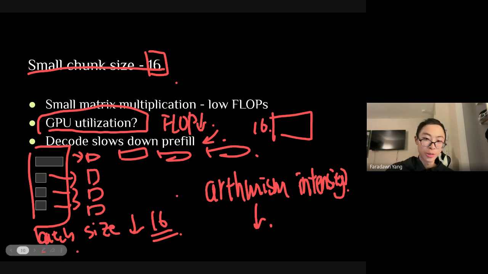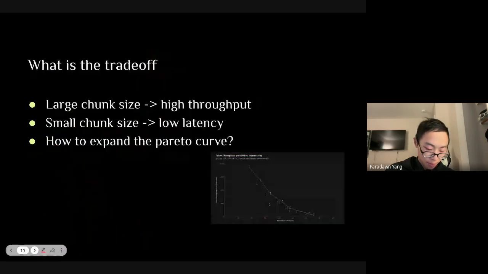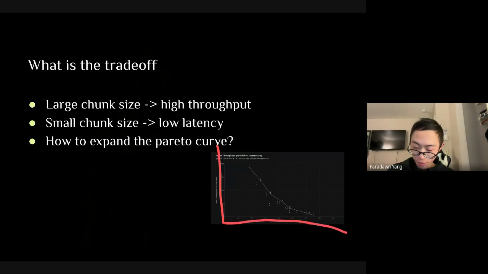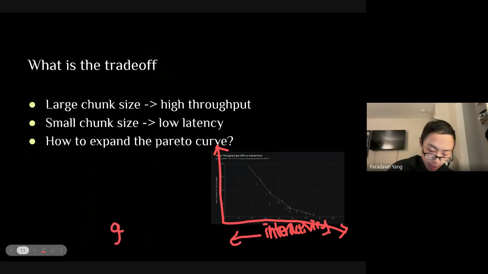So now what to do? Should you use a big chunk size or a small chunk size? There seems to be a trade-off, right? On the bottom right, the x-axis is interactivity, which is the generation speed.